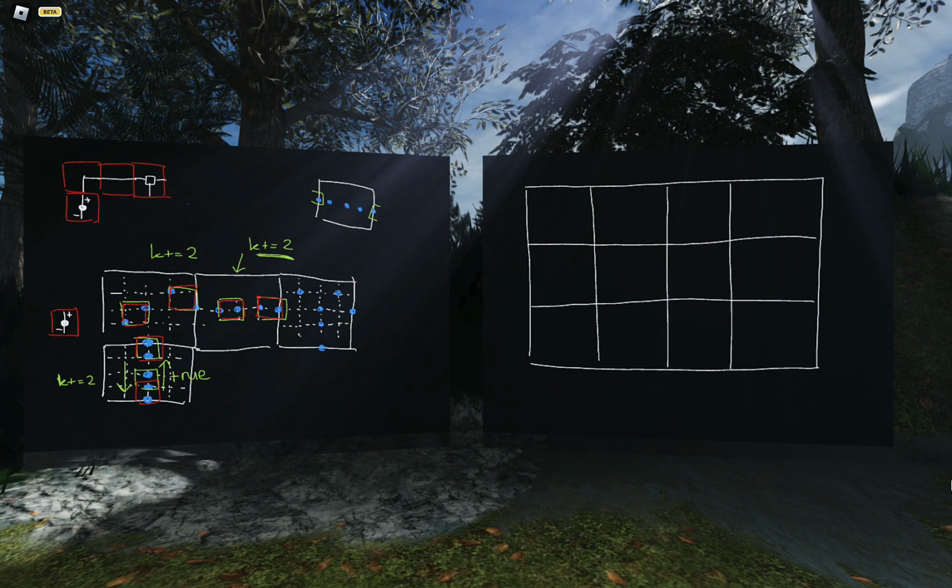So I'll attempt to put the type of tile in the top corner of each of these. Here we have a clause, and then an edge, and a plus plus minus variable, and then a clause.